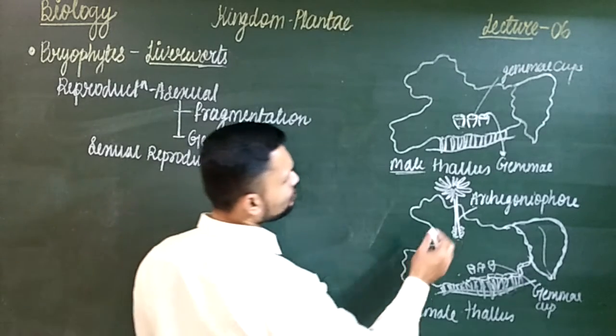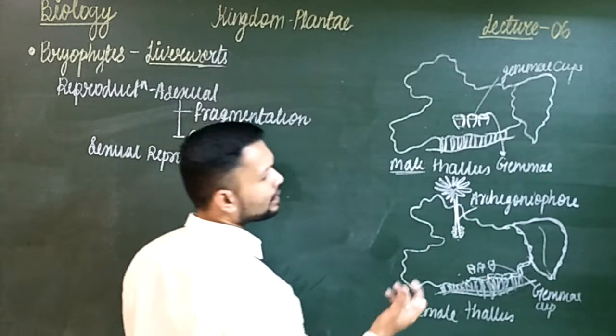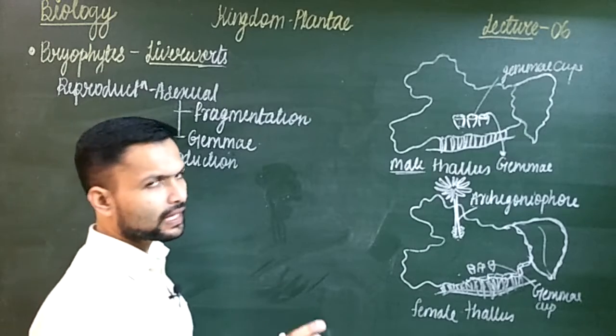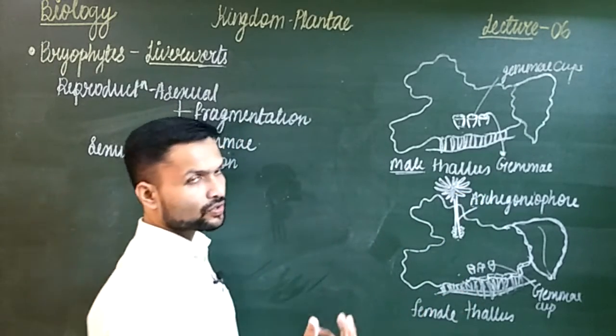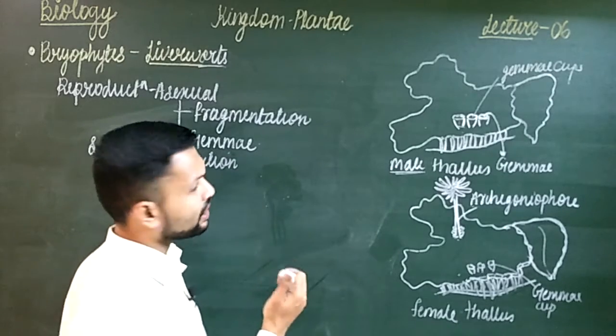Here you can see the archegonium more distinctly. The structure is almost flower-like. It is a very distinctive and unique structure. It has a definite structure to it.